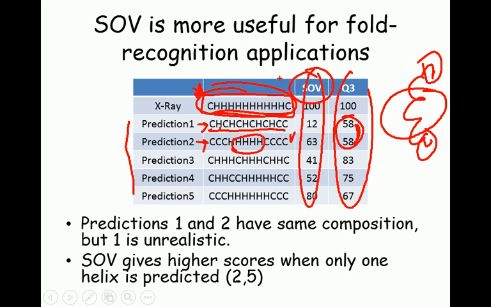Not only do you want the correct state, but you also want the segments to overlap. So it gives a higher score to the second prediction compared to the first one. So long as you are predicting that there's a helix here, it doesn't penalize as much whether you are able to predict these ends correctly.